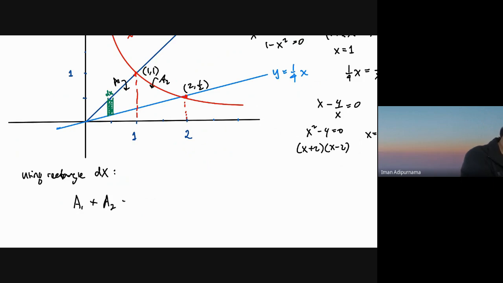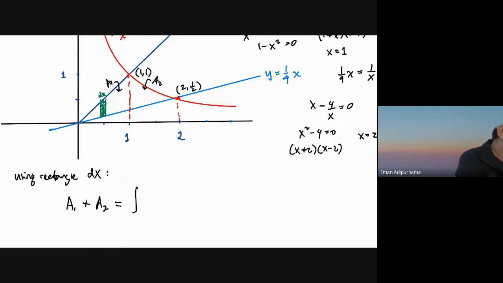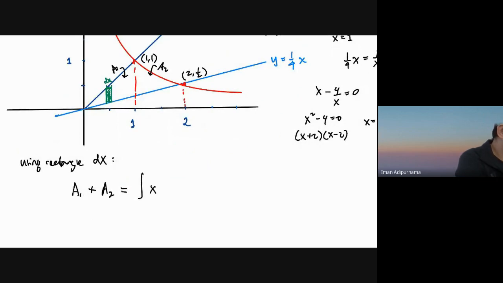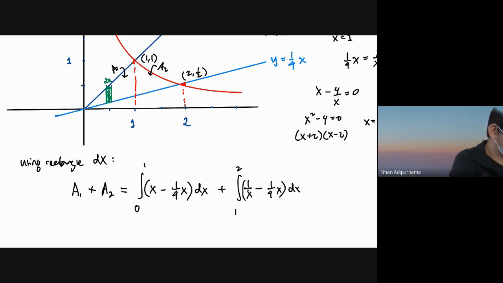A1 plus A2 will be the integral of x minus 1 over 4x dx, this is from 0 to 1, plus integration from 1 to 2 of 1 over x minus 1 over 4x dx.